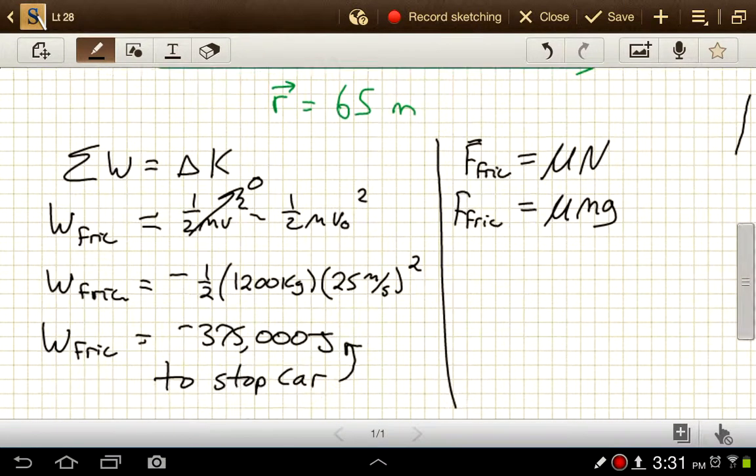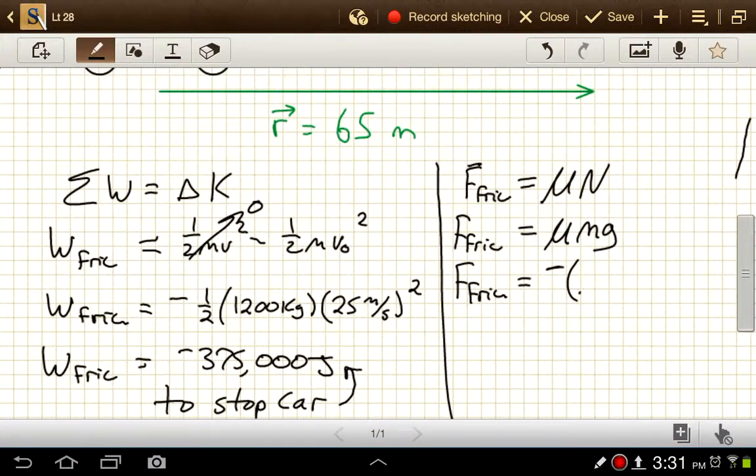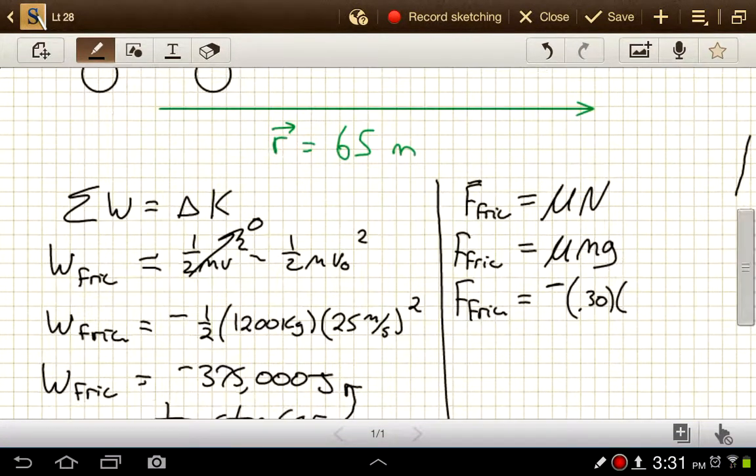So in this case, normal force is just going to be equal to mass times the acceleration of gravity. So here our frictional force is going to be equal to, I'll just go ahead and add now that it's going to be to the left, so that'll be a negative, our coefficient of friction, 0.30, the mass, 1,200 kilograms, and 9.8 meters per second squared for acceleration of gravity.